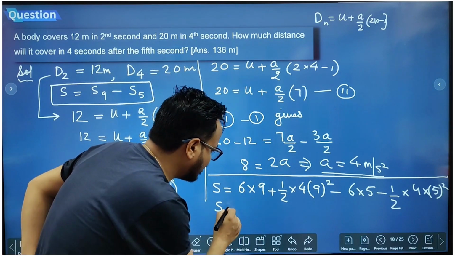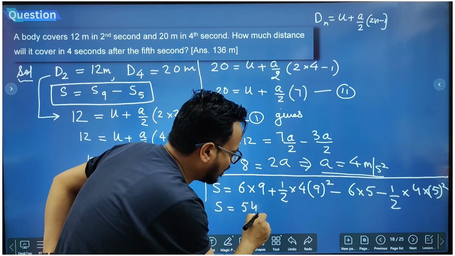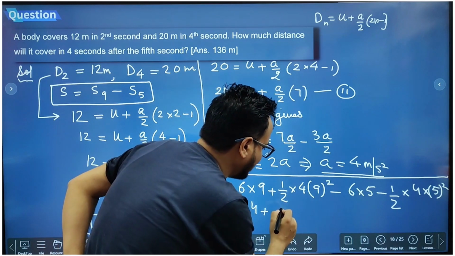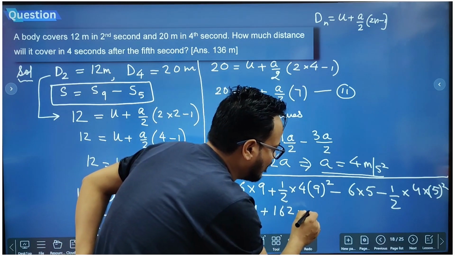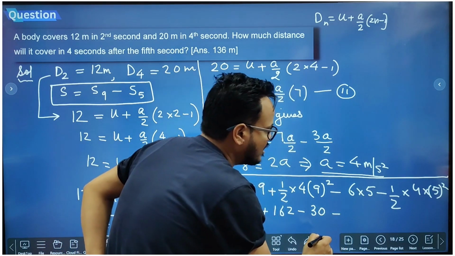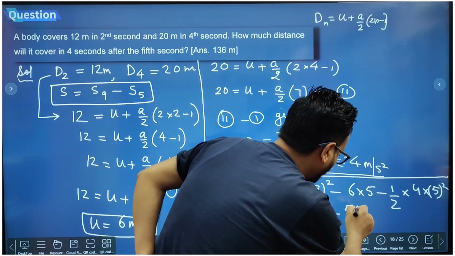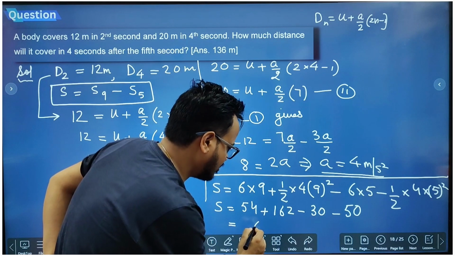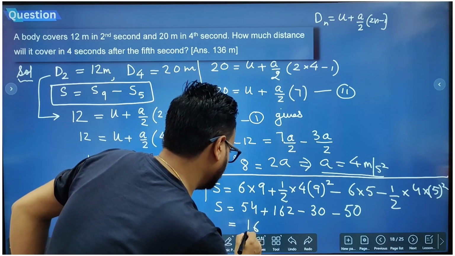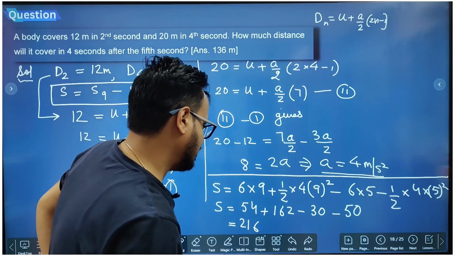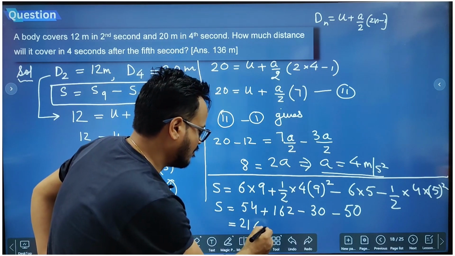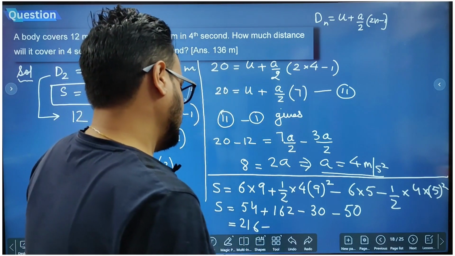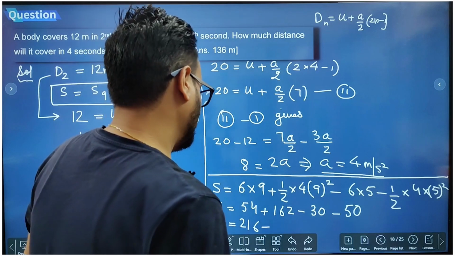So the answer is 54 plus 81 into 2, 162, minus 30 minus 25 into 2, 50. So this is 216, right?